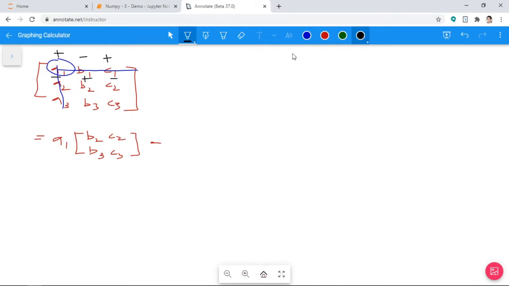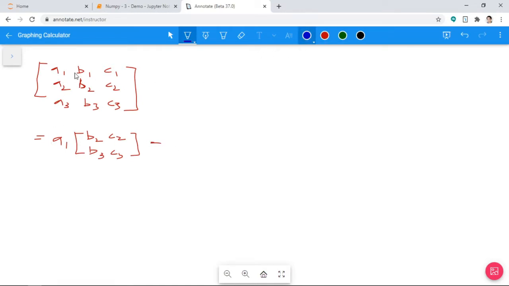So we have minus. Let me erase this first so that we have a clean board. Then let's bring it back. So this one is C1, this one is B2, this one is A3. So we have minus.